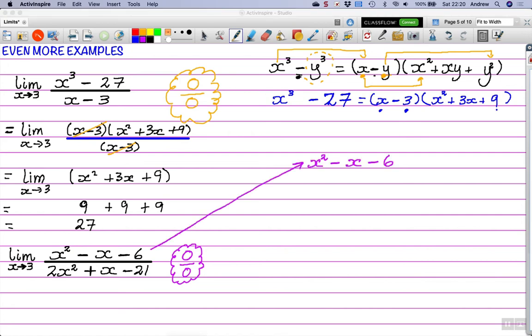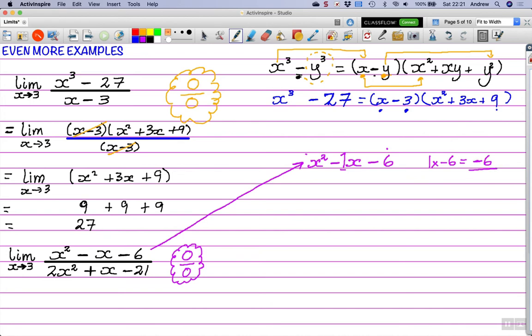Now we're going to factorize the x squared minus x minus 6. We now know that the number in front of the minus x is going to be 1, so it's going to be minus 1x. The number at the front is 1, the number at the end is minus 6, so we're going to do 1 times minus 6, and we're going to get the answer is minus 6.